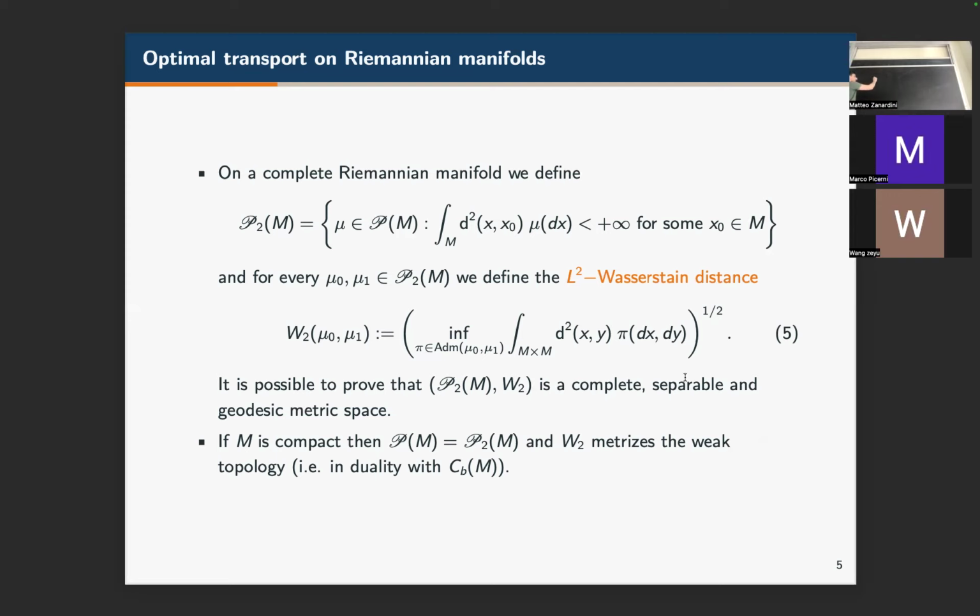It says that for every mu0 and mu1 belonging to this space, there exists a curve mu_t from 0 to 1 such that W2 is affine in the same way as before in t.